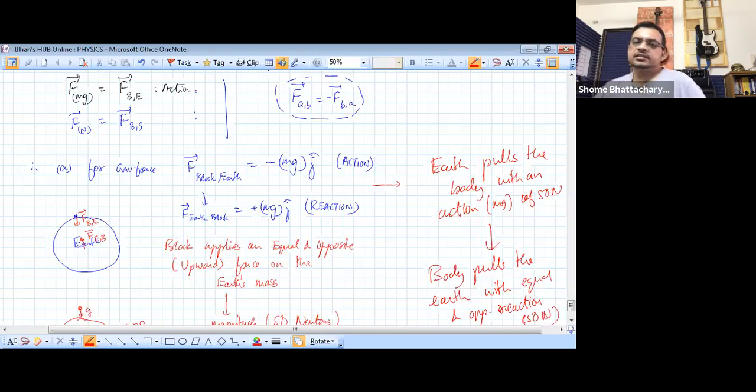And that is an action reaction pair. You understood? So this pair of vectors over here, that is the action reaction pair. Hope this point is clear to all of you people.